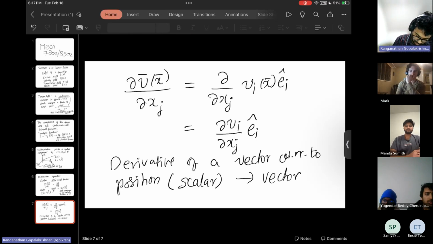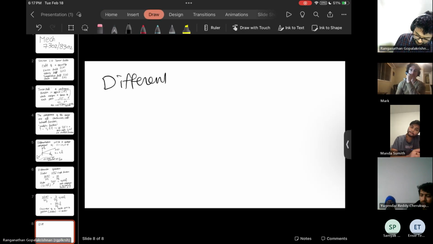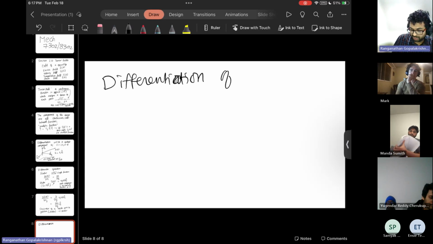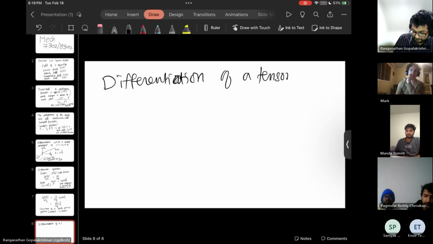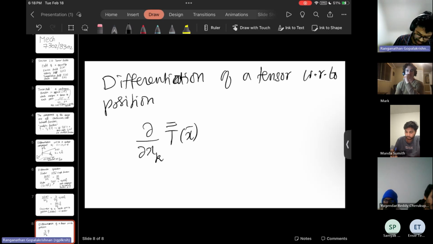And then you can do differentiation of a tensor with respect to position, which is like writing partial over partial xk, the tensor T, which is a function of position.